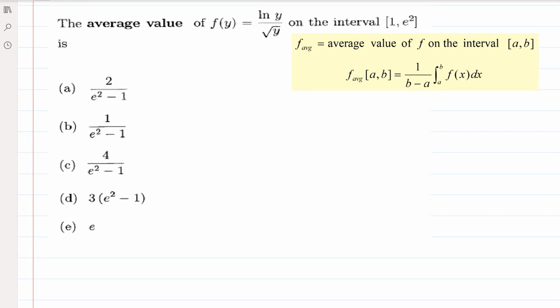Just 3 students sent me a solution. If you solve it, send me the solution, please, on the chat.